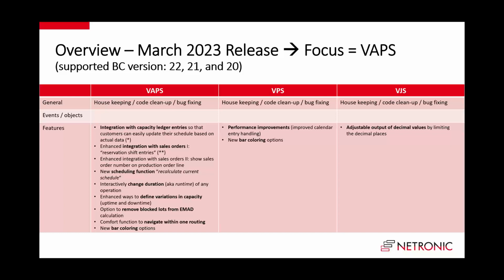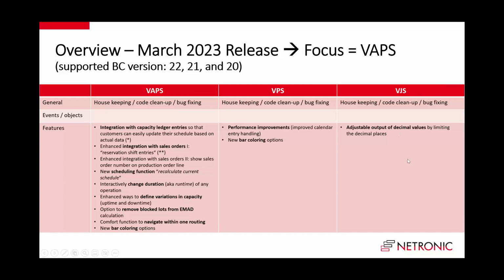So we decided that for the first quarter of the year we wanted a stronger focus on the VAPS. The strong focus will continue on the VAPS because, like with the VPS, the product is, I would say, almost ready. There is not more to invent.